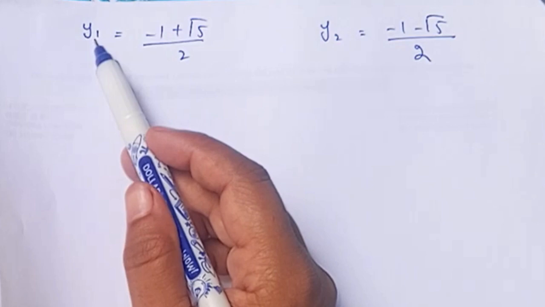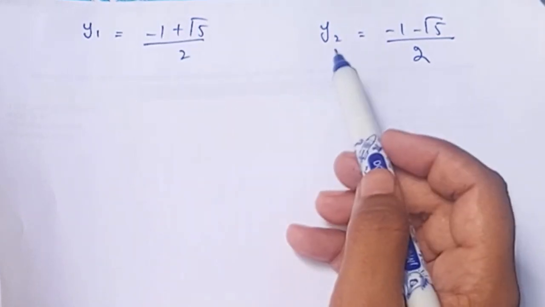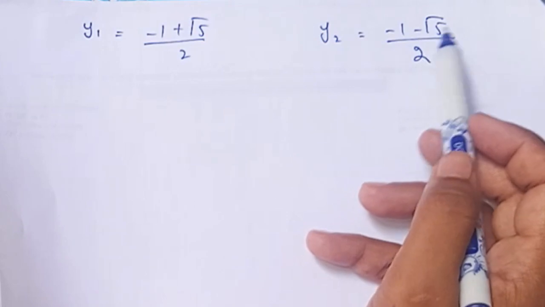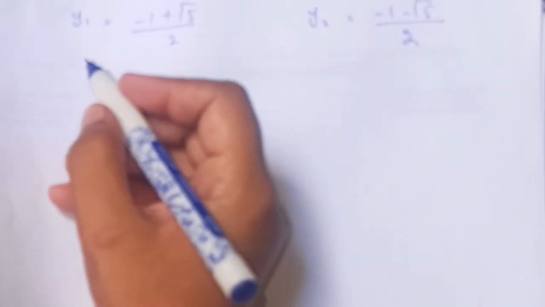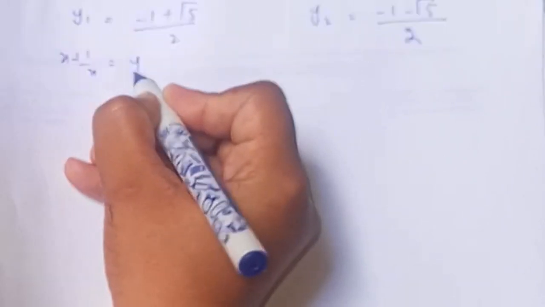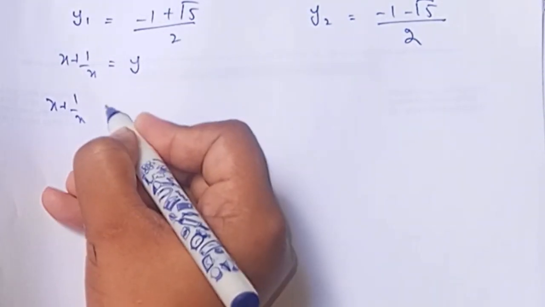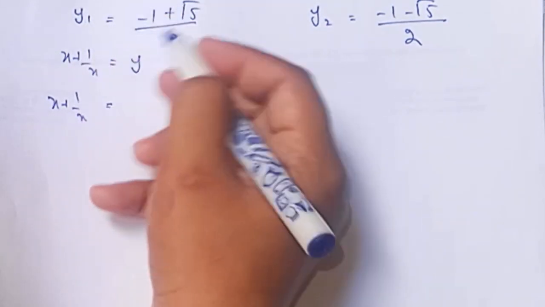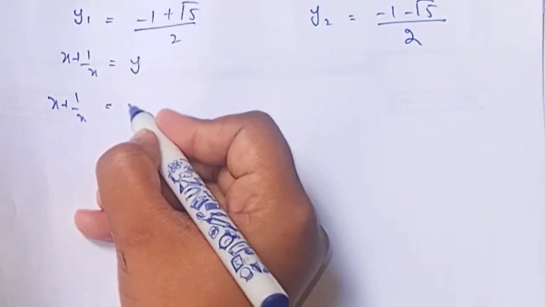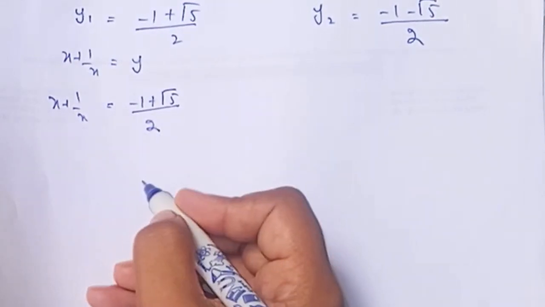Now we separate this value. So y1 is equal to minus 1 plus square root 5 over 2, and y2 is equal to minus 1 minus square root 5 over 2. And in our question we let x plus 1 over x be equal to y. So if we take this value, x plus 1 over x is equal to minus 1 plus square root 5 over 2.